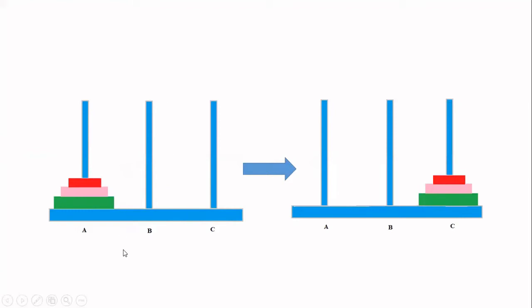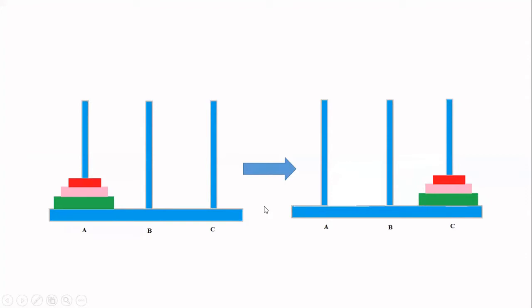You can make use of this intermediate rod, and you have to move all the three disks from the source to the destination like this. So everything should be moved, you are going to take only one disk at a time, and all the three rules whatever we have seen so far, we are going to follow. Okay, so now how to solve this problem?